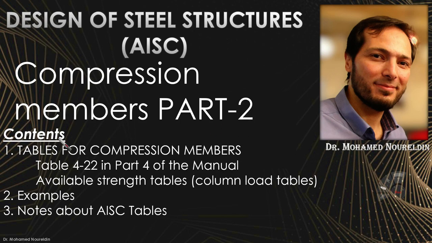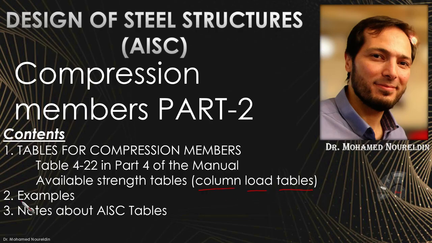And the main contents of today's video are going to be dedicated to the tables for compression members. I'm going to talk about Table 4-22 in Part 4 of the manual, which is considered to be one of the most important tables for the design of compression members. On top of that, I'm going to talk about the available strength tables, or commonly we call them column load tables.